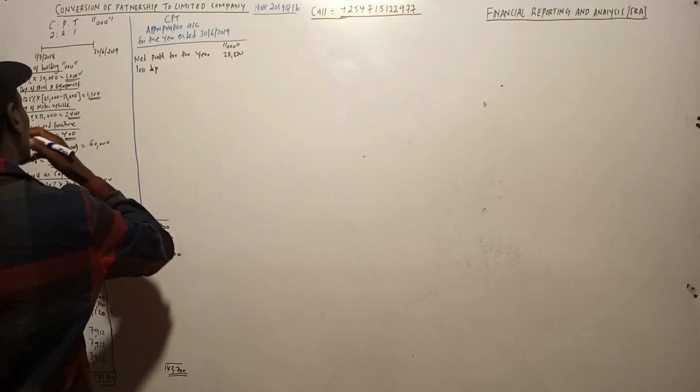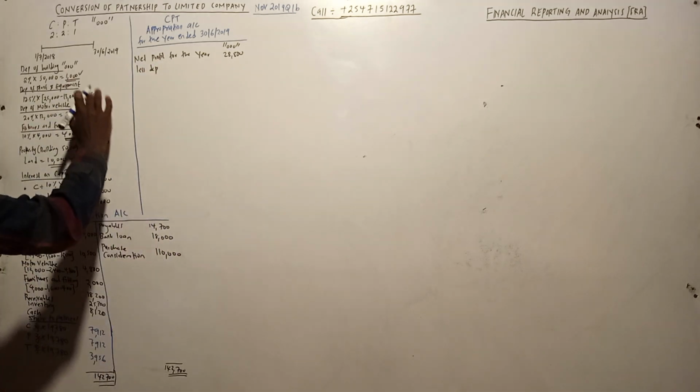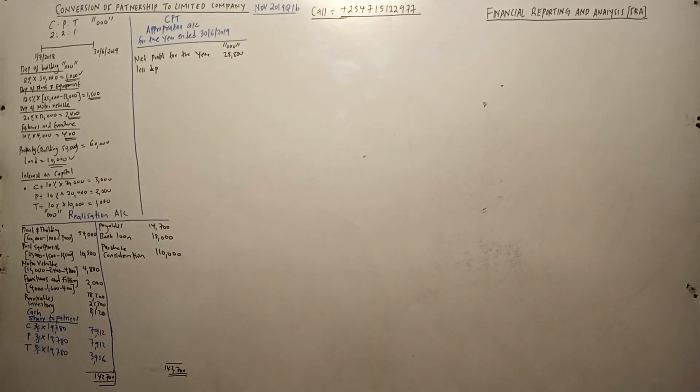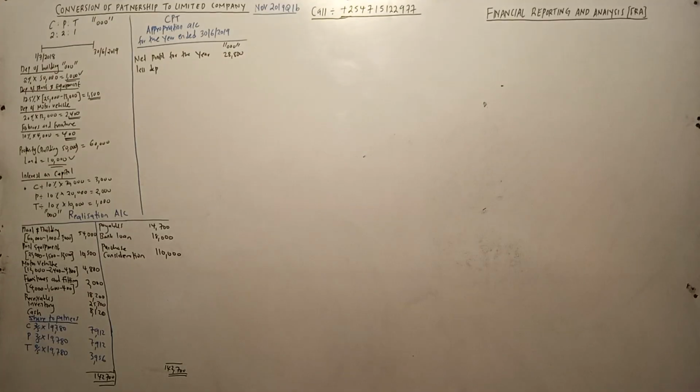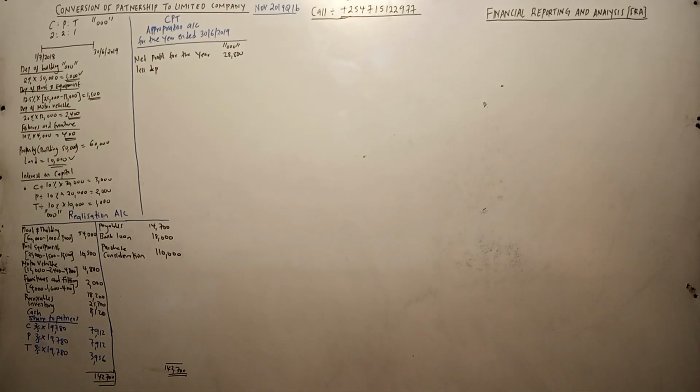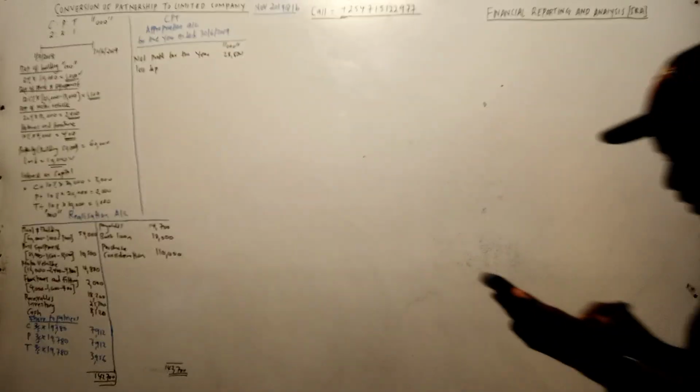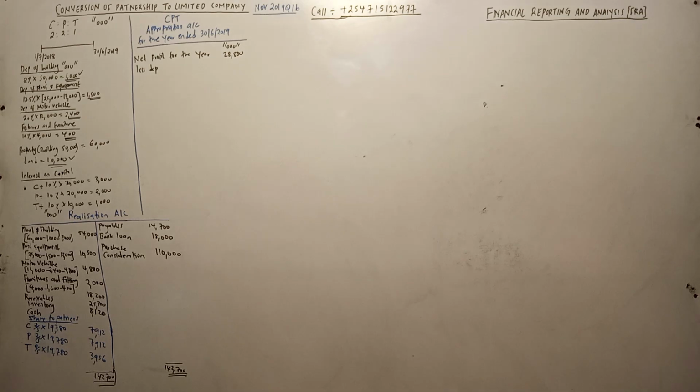So we add all the depreciation together, because it was never deducted: 1,000 plus 1,500 plus 2,400 plus 400.